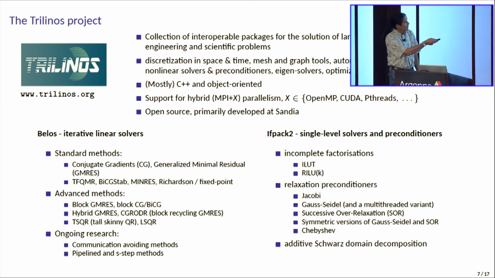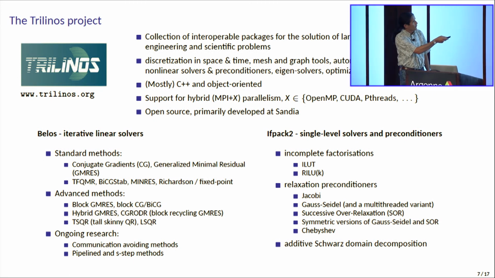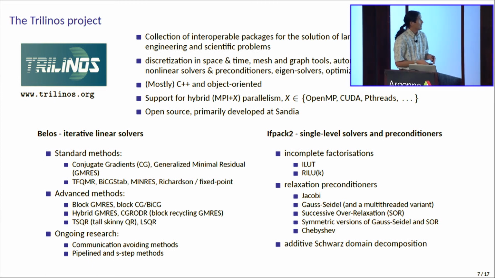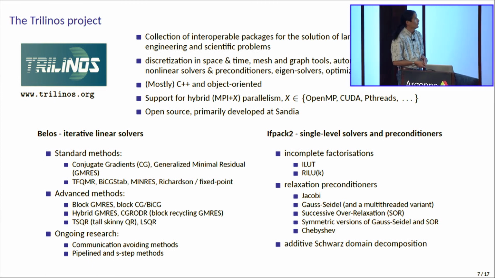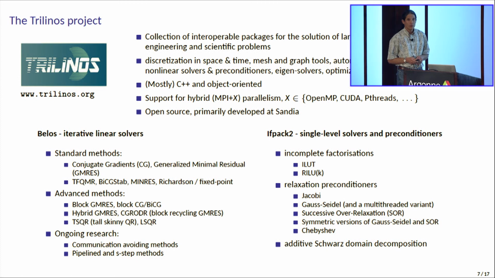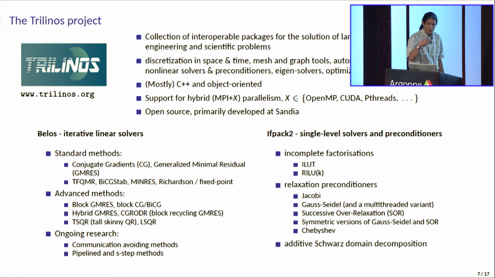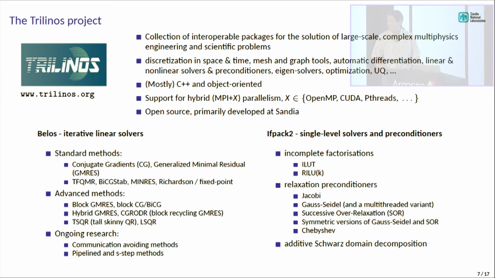Besides solvers, Trilinos provides a whole passel of things: discretization methods, meshing tools, AD tools, linear solves, nonlinear solves, preconditioners, eigensolvers, optimization, UQ libraries, and I'm sure there are more on this list that I have missed.